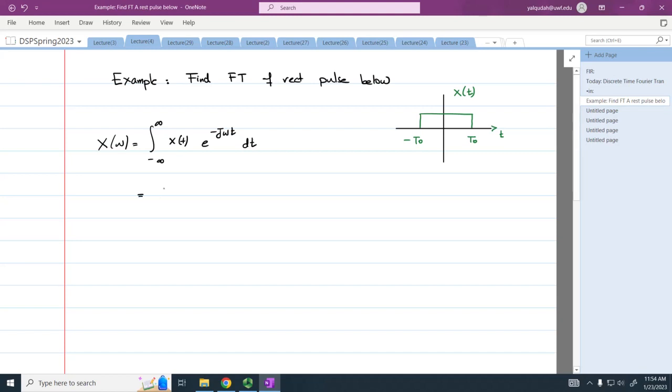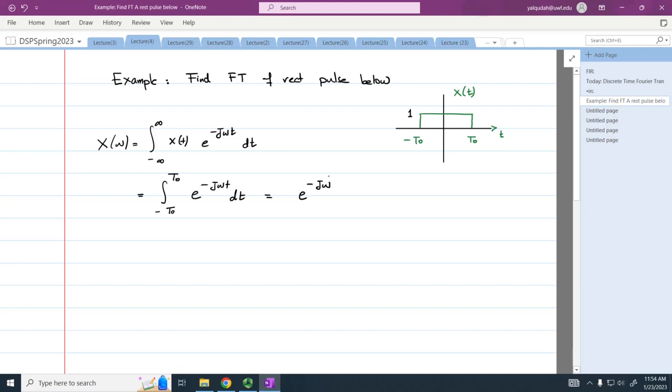What is this going to equal to? Integration from negative t0 to t0, x of t is equal to 1, e to the negative j omega t dt. What is this integration equal to? No, not that simple. This is exponential. I mean, this is not a constant, it's a function of time.